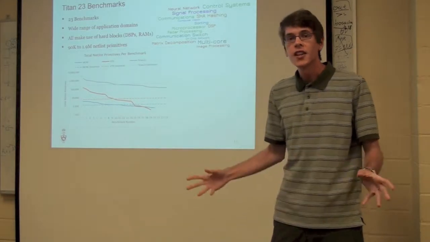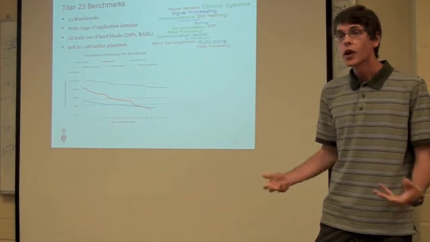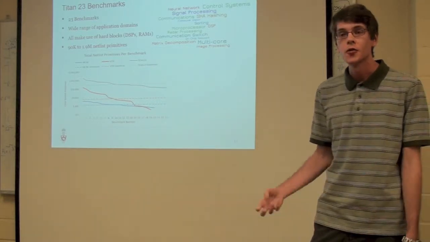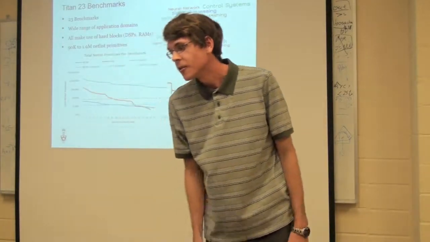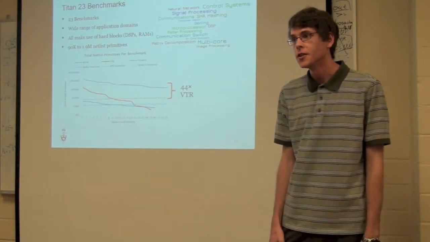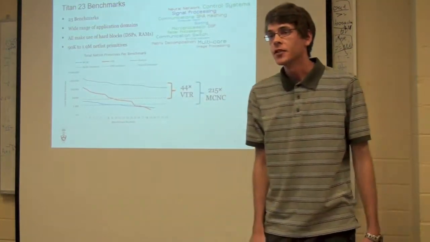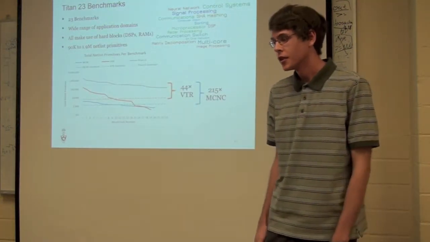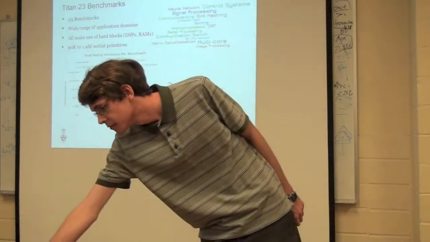They all make fairly extensive use of hard blocks, so DSPs and RAM blocks, and they're quite large, ranging from 90,000 to 1.9 million netlist primitives. To put that in perspective, that's 44 times larger than the VTR benchmarks, and 215 times larger than the MCNC benchmarks. So these are much closer to the scale of modern FPGAs.